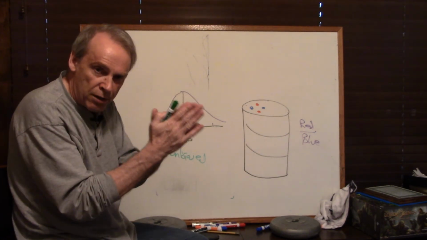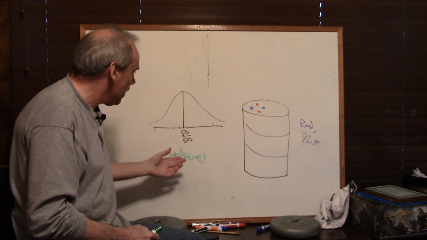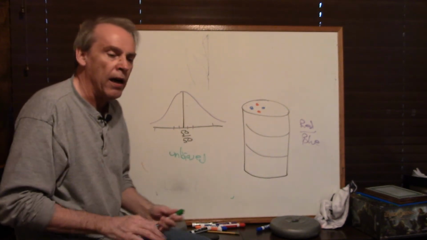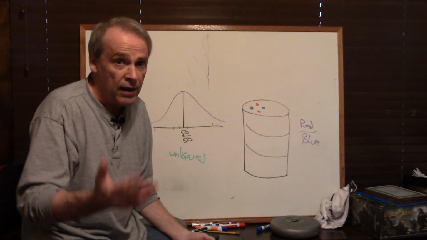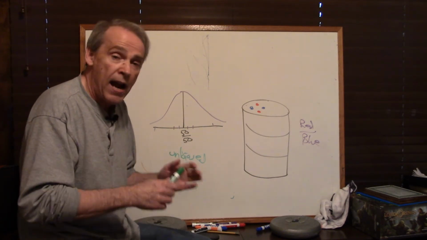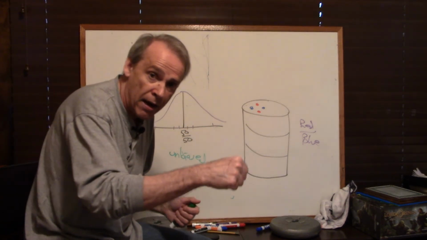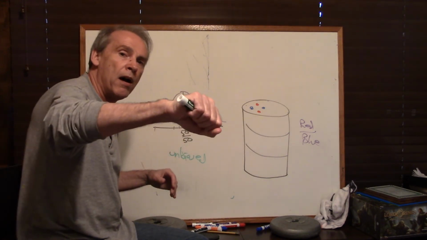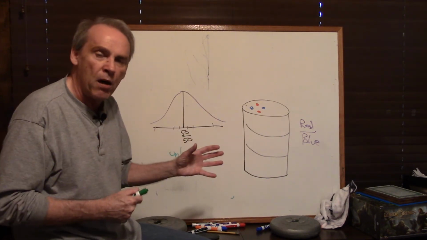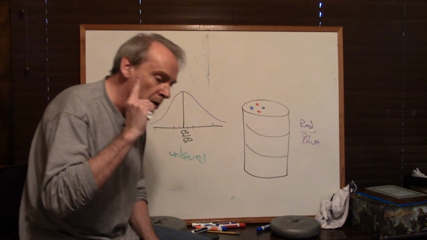On average, it gets you the right answer. That's unbiased. If it tended to go one way or the other, if it's your little brother or sister doing it and they like the blue ones, that's a biased estimator. That estimator is going to end up giving you, on average, the wrong answer because they're going to be picking out ones that they think are pretty. But if we just blindfold somebody and give them a measuring cup, then that should be a pretty unbiased estimator.